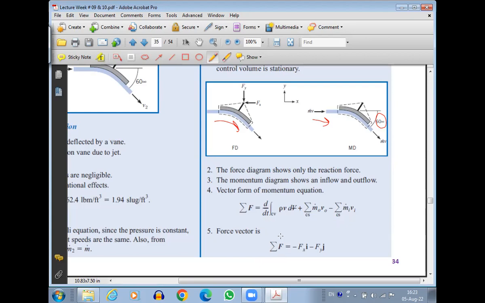We are writing this equation in vector format. So the force vector: summation F equals, if we decide that the force directions are as shown in the figure, negative Fx i, negative Fy j. So we have two components of the force here.